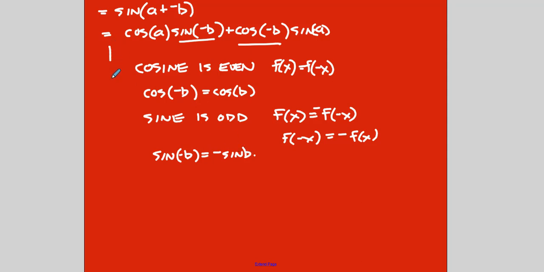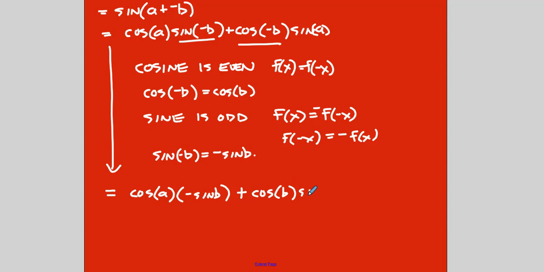So coming down with our proof, or derivation, we have the cosine of a, and I'm replacing sine of negative b with negative sine b, and then plus, I'm replacing cosine of negative b with cosine of b times sine of a.